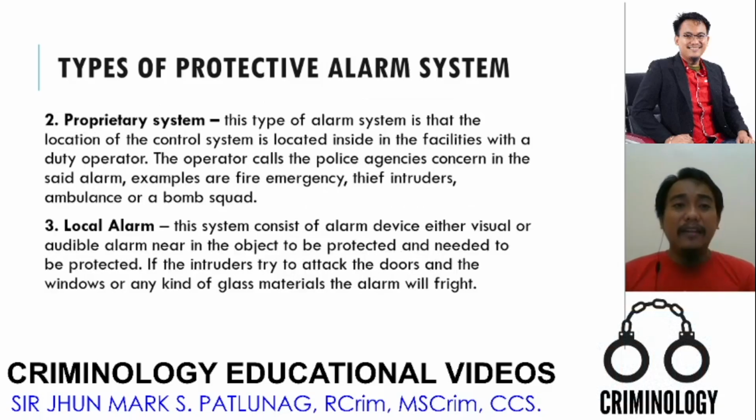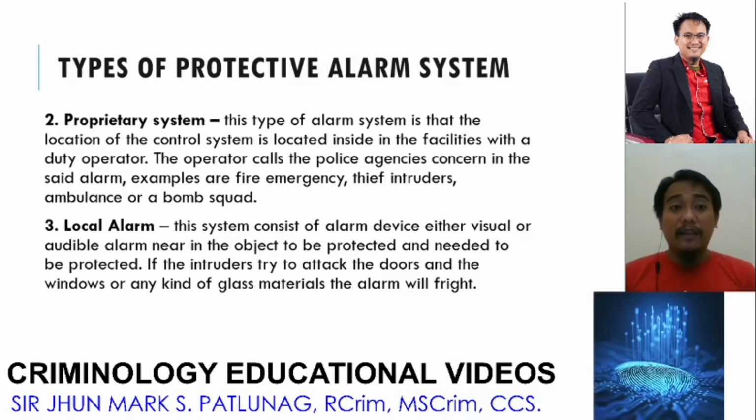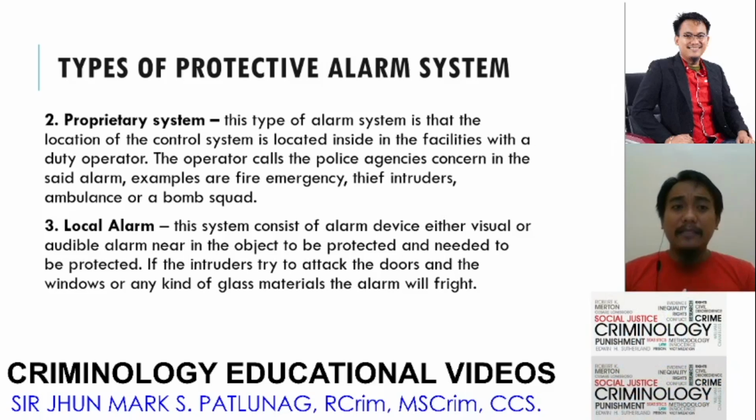Right? Okay. Followed here are the second and third types of our protective alarm system. First is proprietary system. Okay, ano po ba yung proprietary? This type of alarm system is that the location of the control system is located inside the facilities with a duty operator.